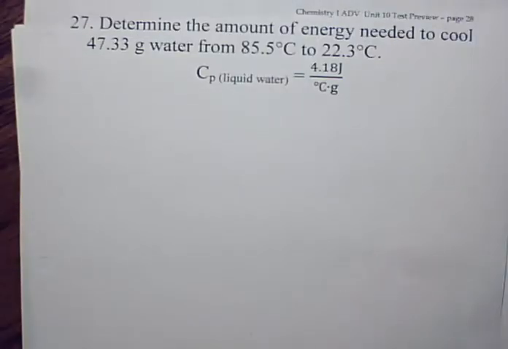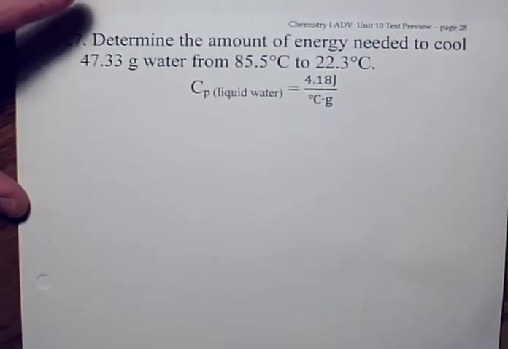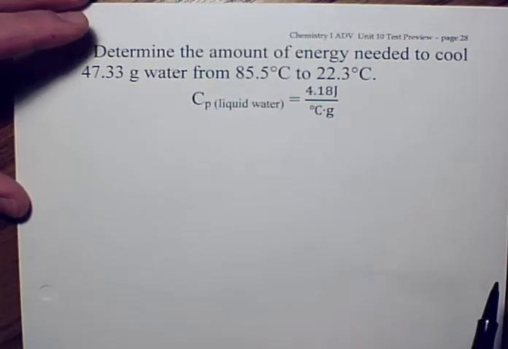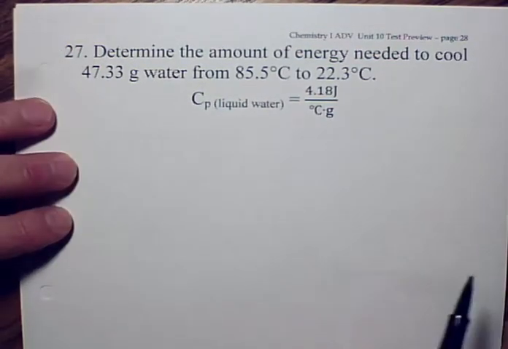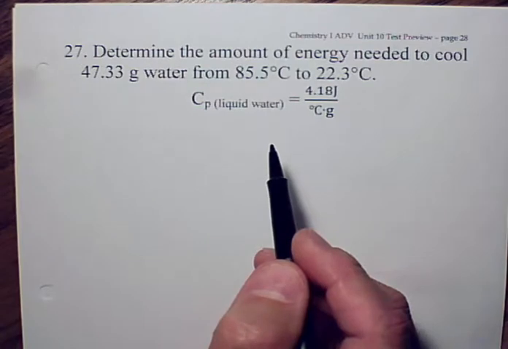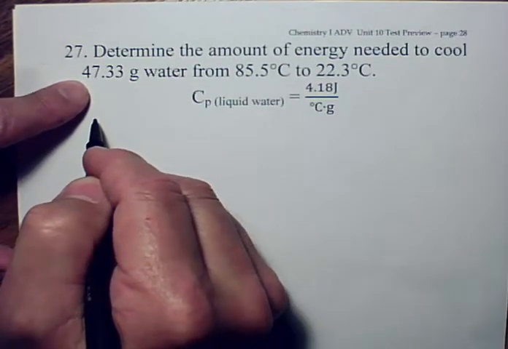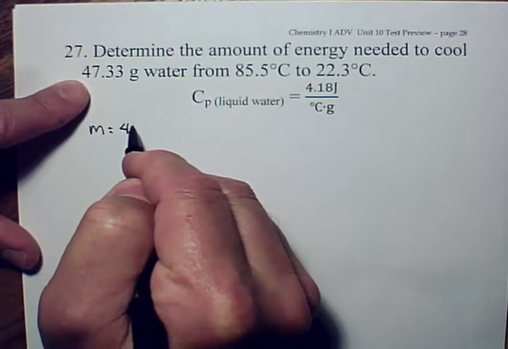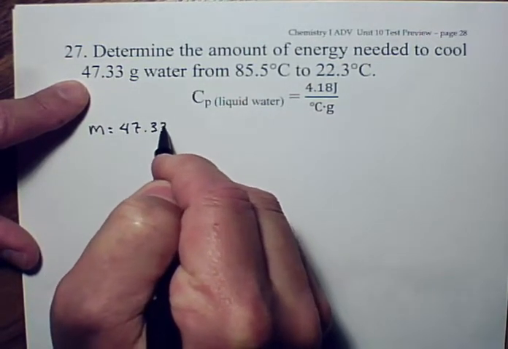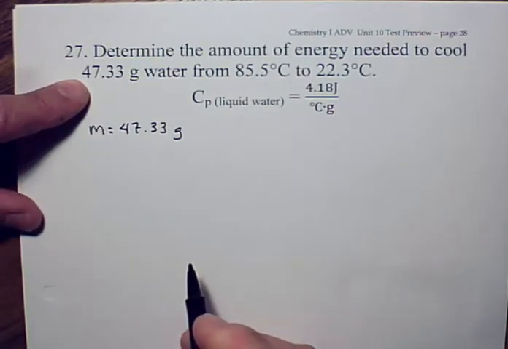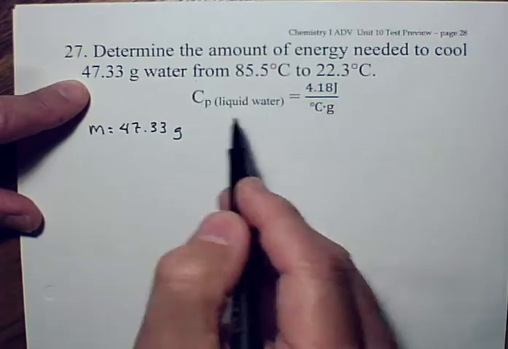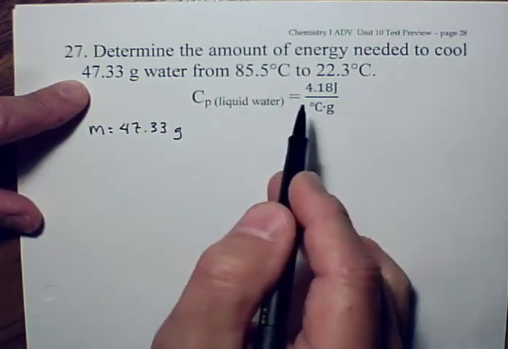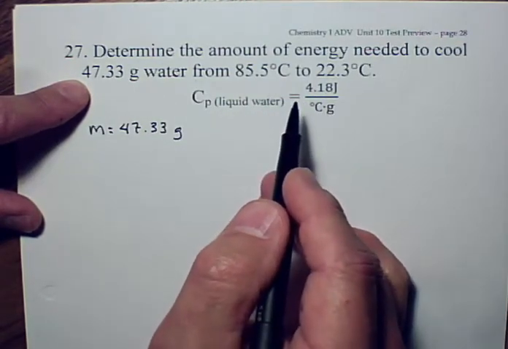Now, what you should do to solve this problem is to make a list of what you know first. If we look at the problem, we can see that the mass, m, is 47.33 grams. The specific heat or heat capacity is here for you already, so I'm not going to write it down again.